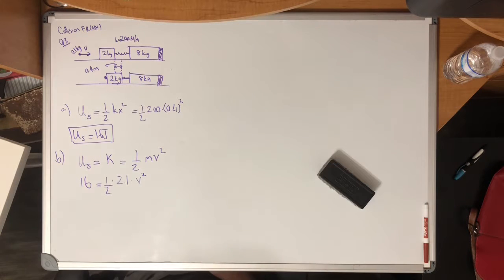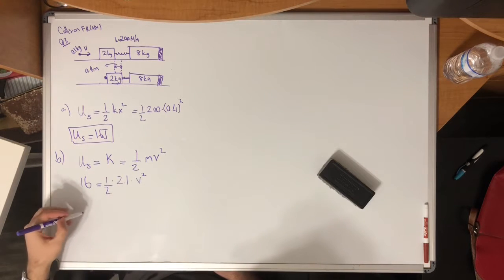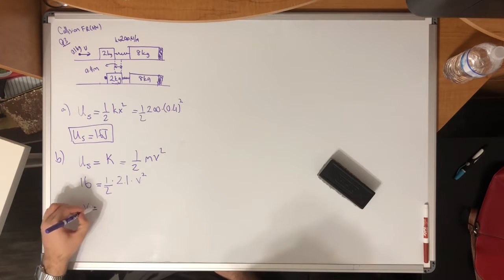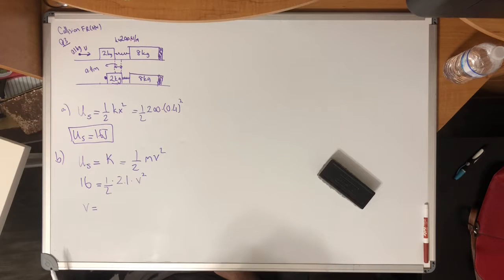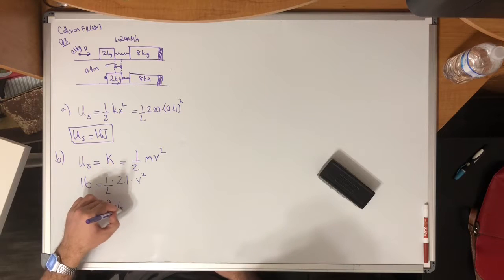Once you solve this equation for v, you will find that v is equal to 3.9 meters per second.